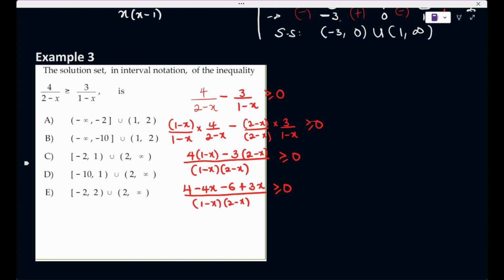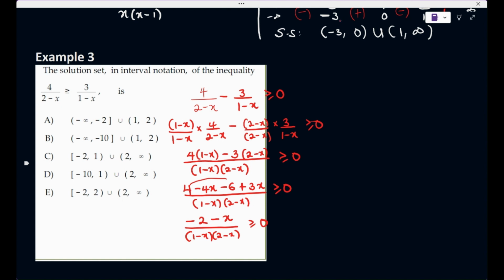Now, if you look at the numerator, 4 minus 6 will give us minus 2. And we have minus 4x plus 3x. This will give us minus x. So minus 2 minus x, all over 1 minus x, 2 minus x, is greater than or equal to 0.